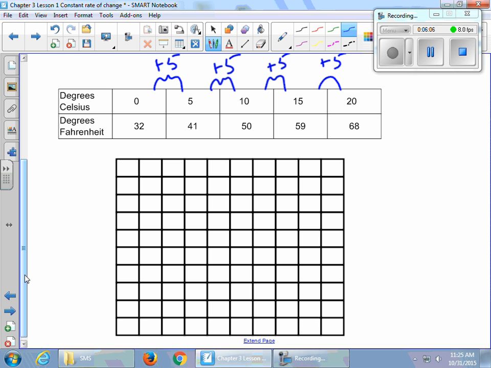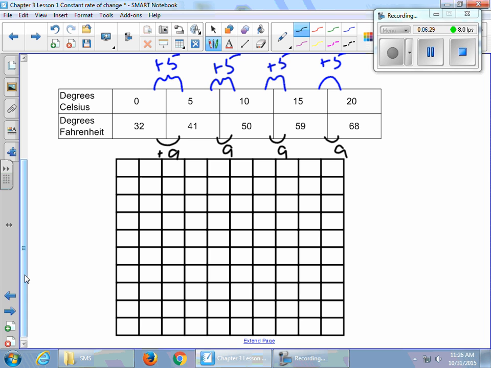Okay, let's look at degrees Fahrenheit. From 32 to 41, that is a 9-degree change. 41 to 50 is a 9-degree change. 50 to 59, a 9-degree change. And 59 to 68, once again, a 9-degree change.